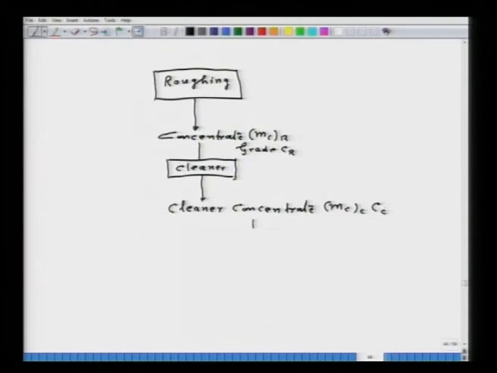Now, it is given, say, R is equal to 98% recovery, and the grade is 89%.